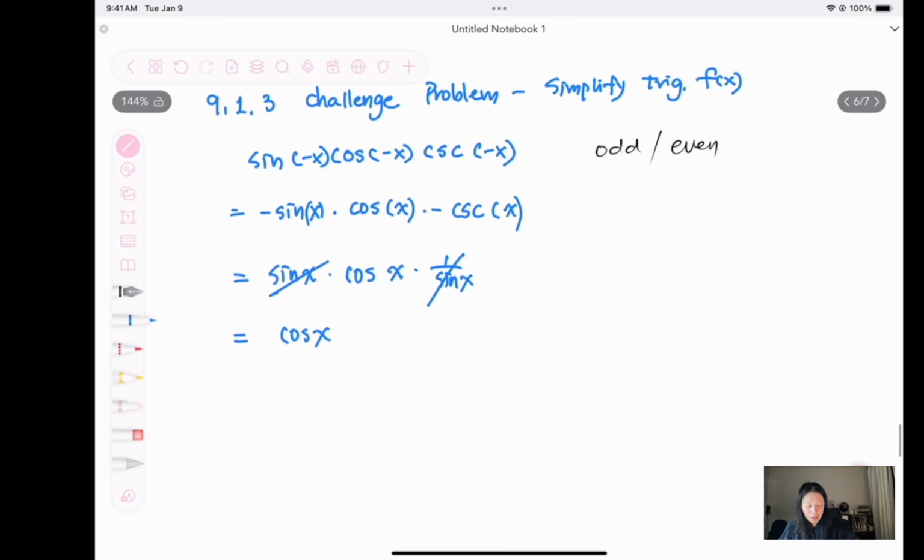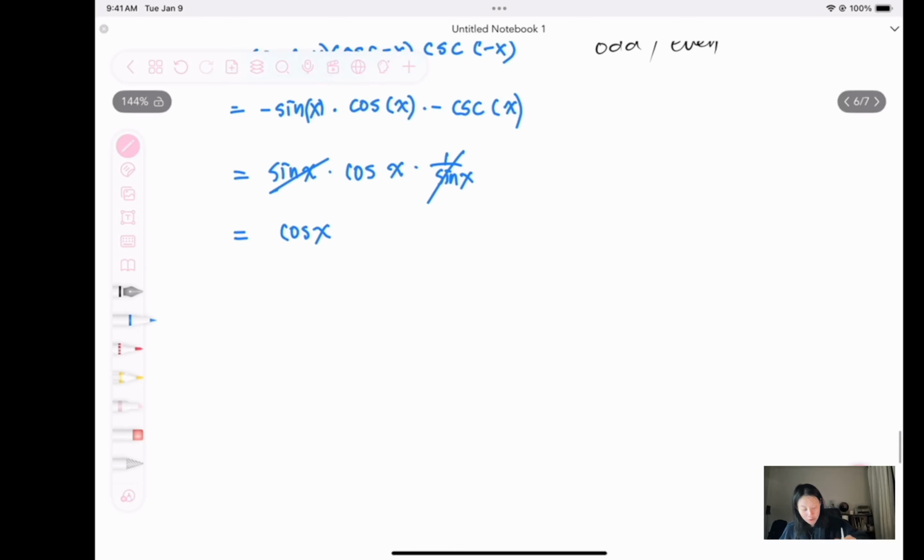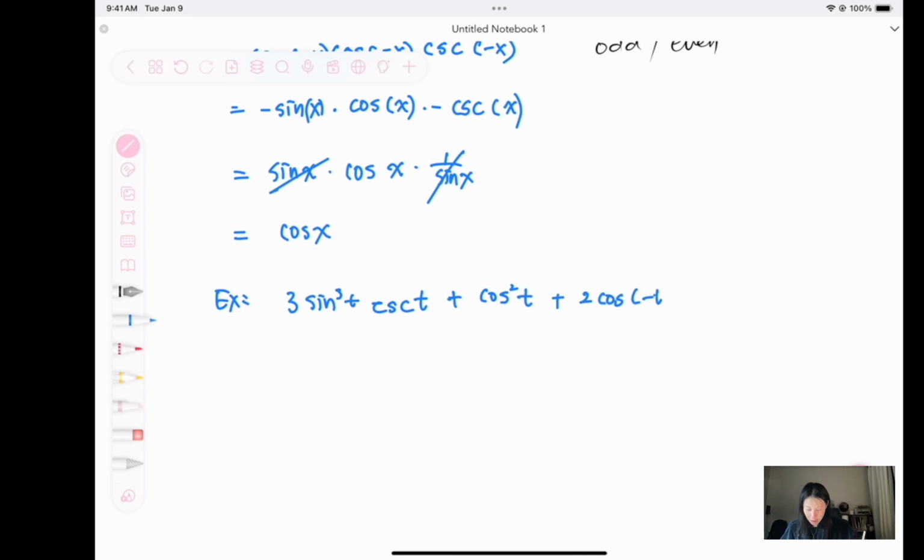The second example is when you see a square. The first thought is, whenever you see a square, you need to think about using an identity. For example, this one: 3 times sine cubed t cosecant t plus cosine square t plus 2 times cosine negative t and then cosine t.